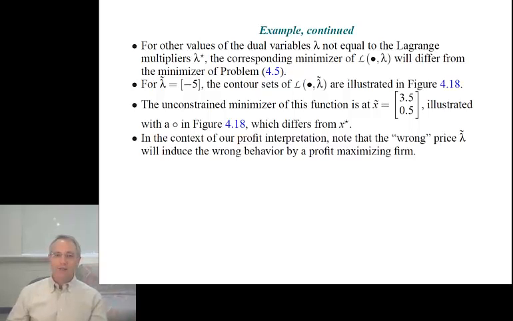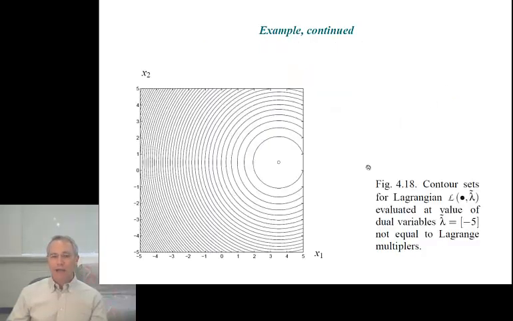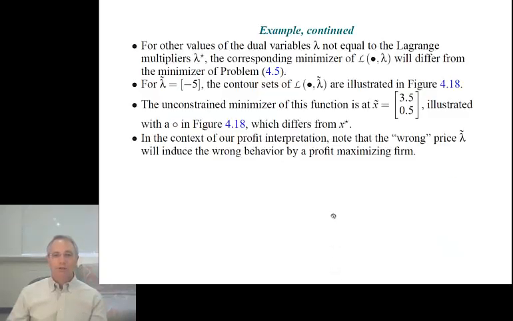The contour sets of that Lagrangian evaluated at that particular lambda tilde are illustrated in figure 4.8. And as you can see, the minimizer of this problem is given by something like x1 equal to 3.5 and x2 equal to 0.5. So the unconstrained minimizer of that problem differs from x star.